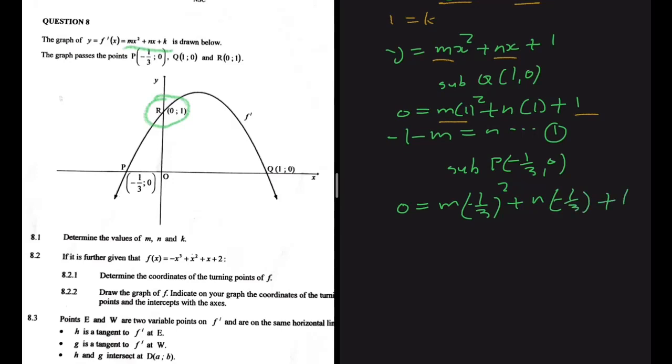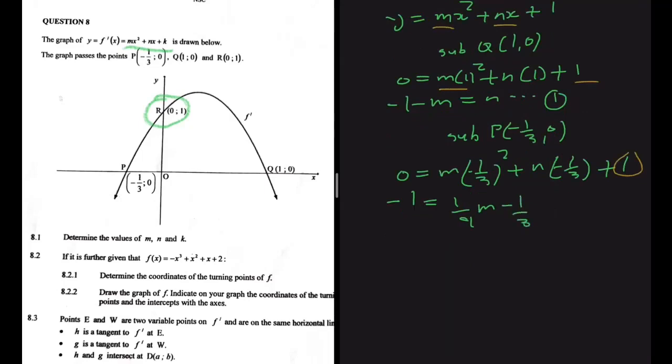So we get minus 1, taking this 1 to the left-hand side, equals 1 divided by 9m minus 1 divided by 3n. So again, let's make n the subject of the formula and equate the two equations, right? We get minus 1 minus 1 divided by 9m equals minus 1 divided by 3n.